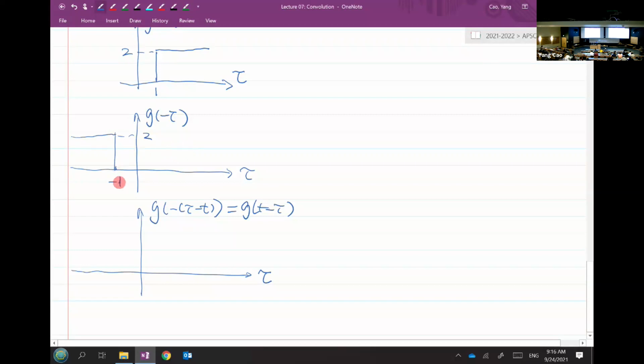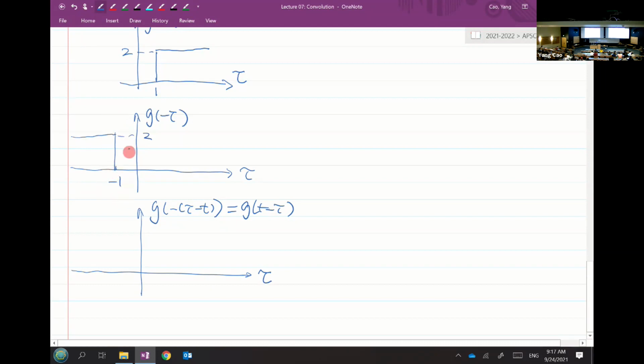Meaning, if I shift to the right by 2 units, this -1 becomes what? 1, right? So what did you do? You did -1 plus 2. If I shift 3 units, it's -1 plus 3. So now you can say, if I shift by t amount of units, where should the edge be? Not 0. I'm shifting to the right by an amount of t.